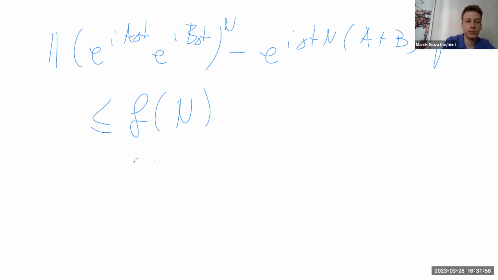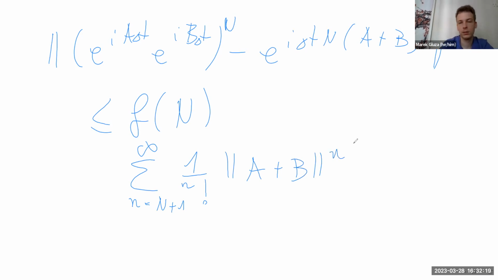One bound that you can do already today is the sum from n equals n plus 1 until infinity of 1 over n factorial, (A plus B) to the power n. Something like this, I think you can look at. So that's one idea how to get a bound, and this will be e to the power A plus B.